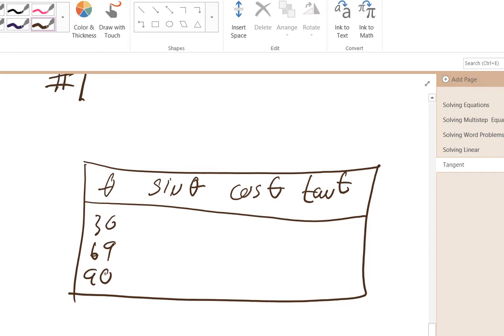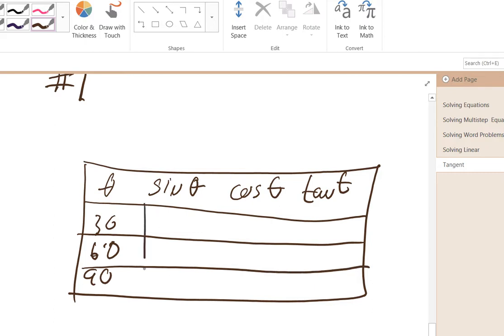And you may say, well, why did they just pick those ones? Well, 30, 60, 90 is kind of an important trigonometric triangle, I guess, so to speak. And so that's why they picked those particular degrees.